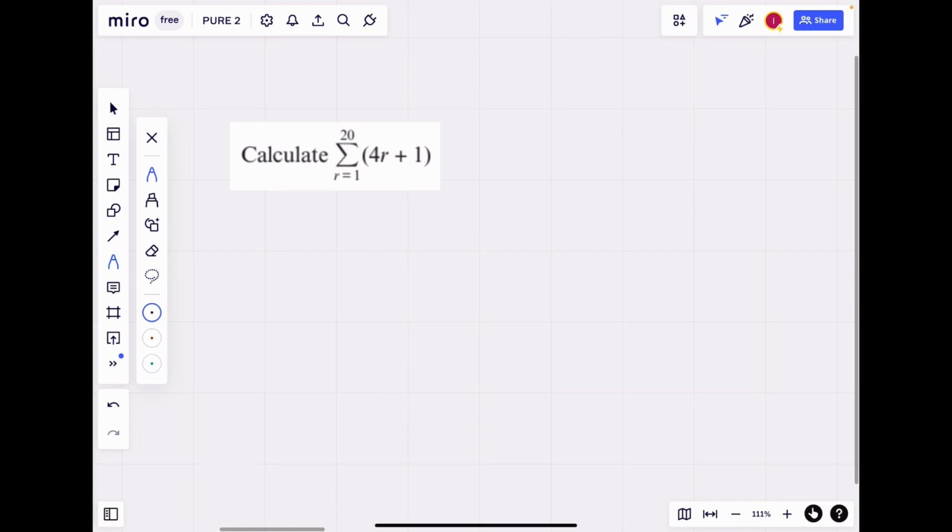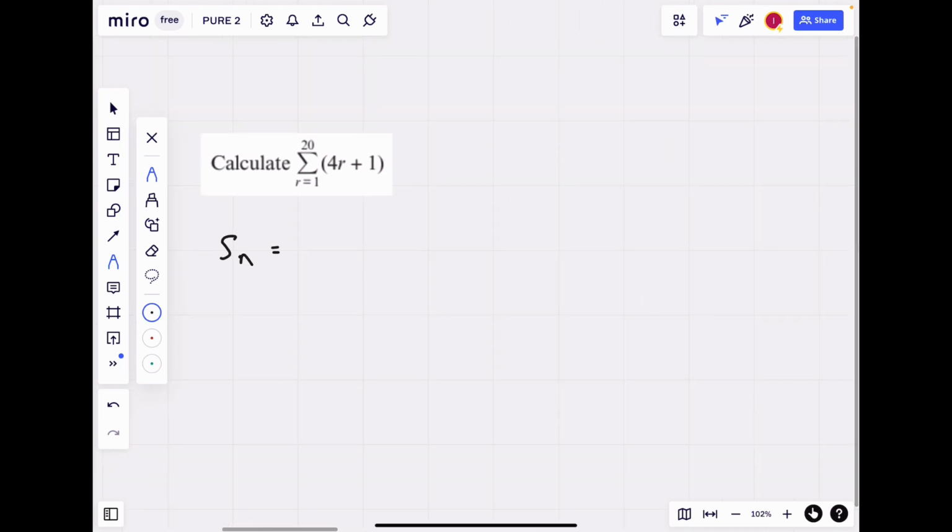So you're going to have r equals 1 plus r equals 2 plus r equals 3 all the way till you get to r equals 20. And then you've got your function 4r plus 1. You want to work out the sum of it. You don't have to write all 20 terms because you know that the sum of equation for an arithmetic series is n over 2 bracket 2a plus n minus 1 d.